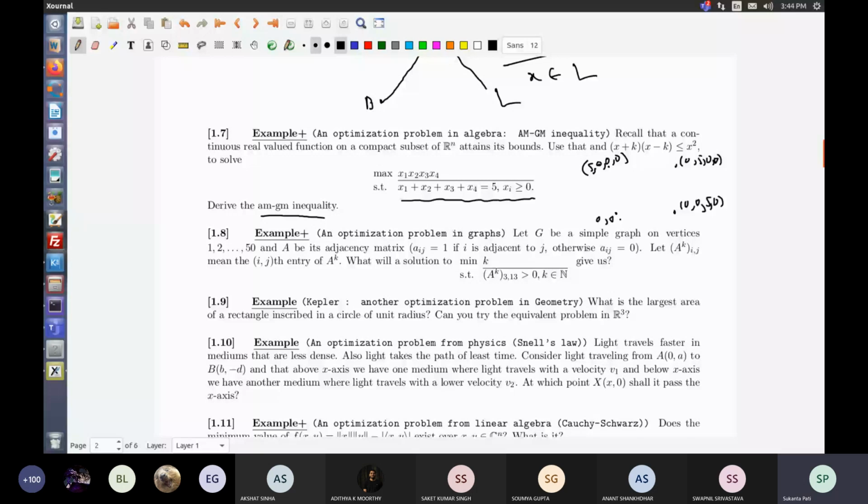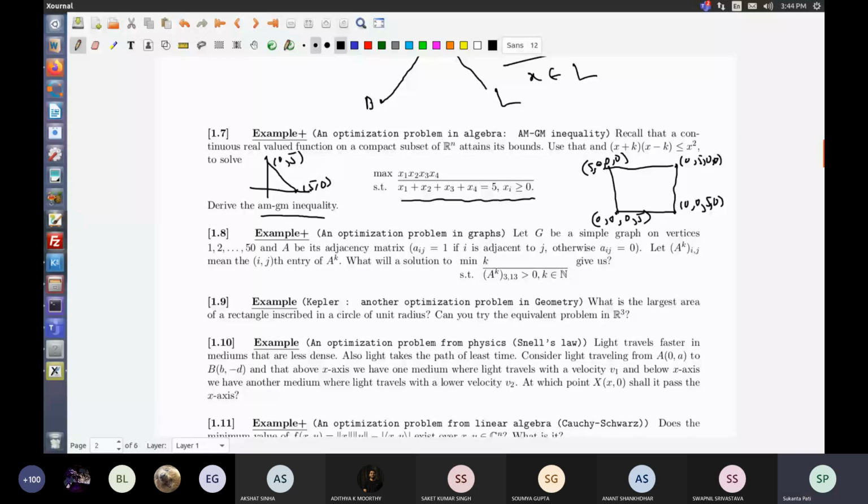Remember, if I say x1 plus x2 equal to 5, in R2 you get the line segment that joins (5, 0) and (0, 5). In R3, it is the triangular plate with vertices (5, 0, 0), (0, 5, 0), and (0, 0, 5).